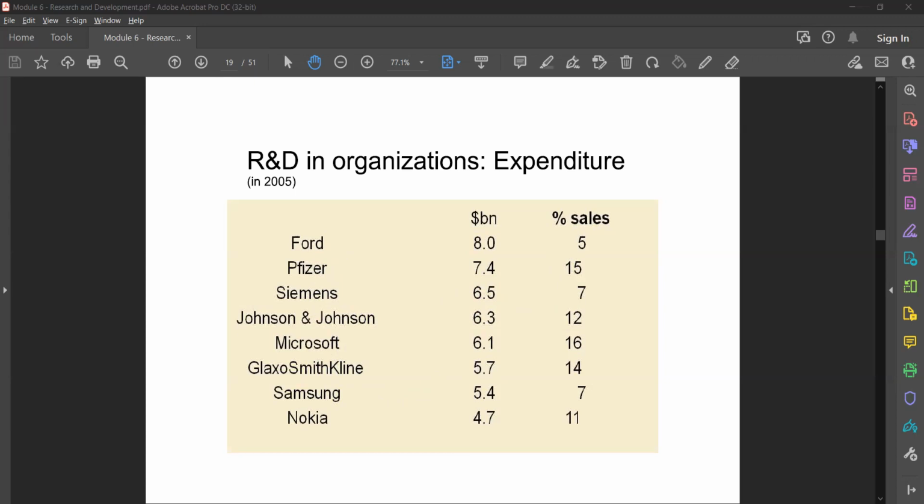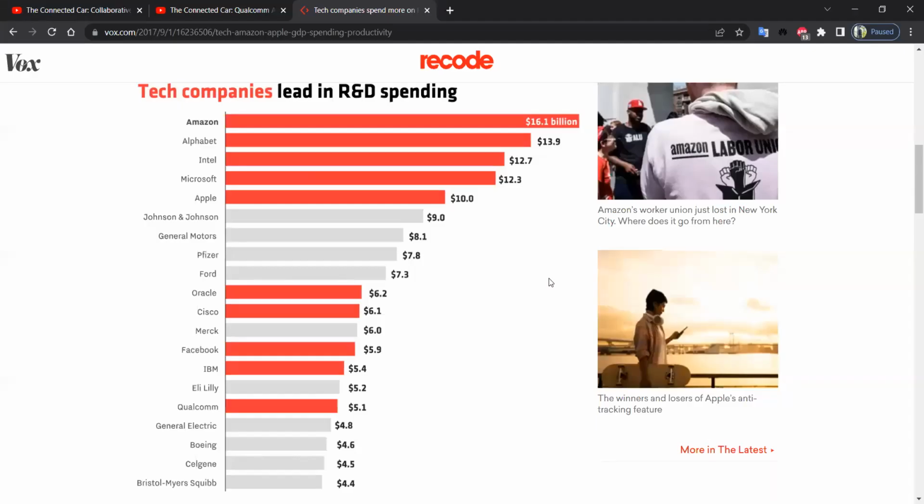But I will share that this is 2017 data. The tech companies that lead in research and development spending. So these are the technology companies that lead in research and development spending.